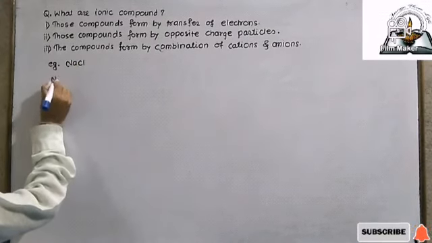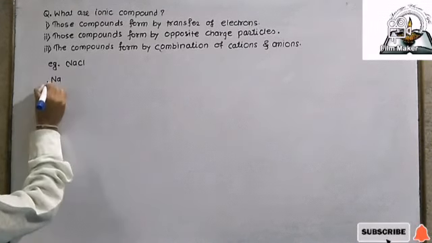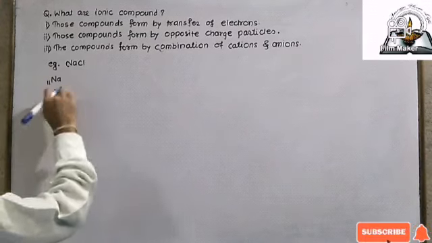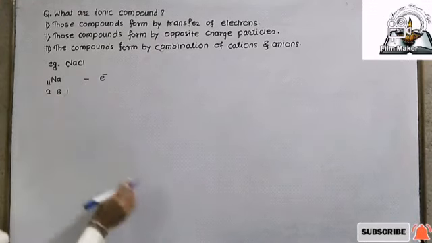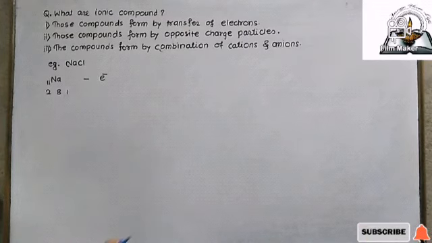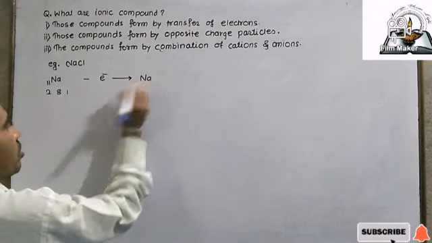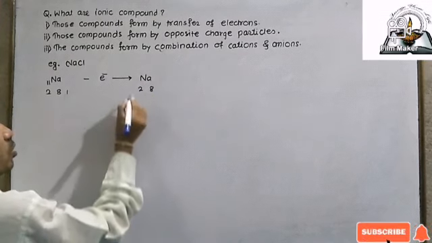So Na, यानी की सोडियम, सोडियमचा ॲटॉमिक नंबर किती, तर 11, इलेक्ट्रॉनिक कॉन्फिगरेशन 2, 8, 1. So sodium has a tendency to lose one electron, because if it loses one electron then it acquires noble gas configuration like that of neon, and its electronic configuration becomes 2, 8.